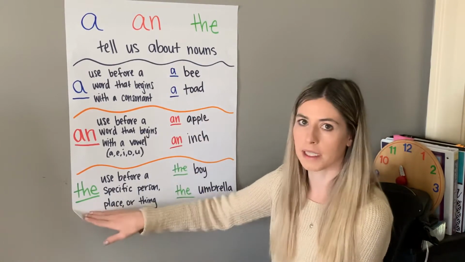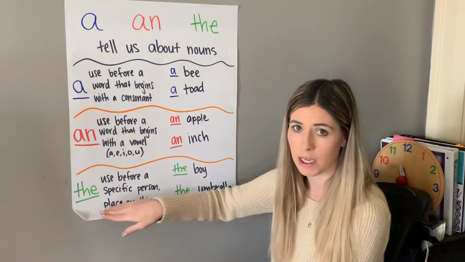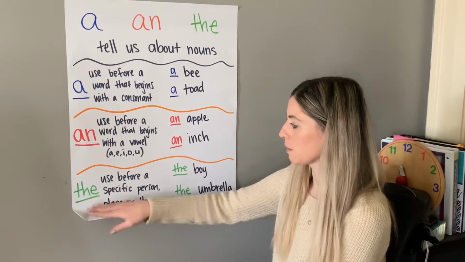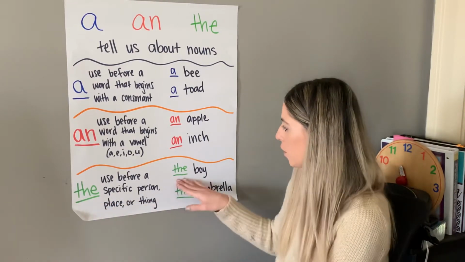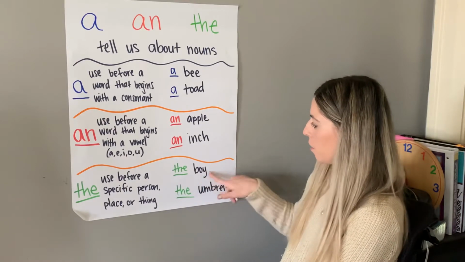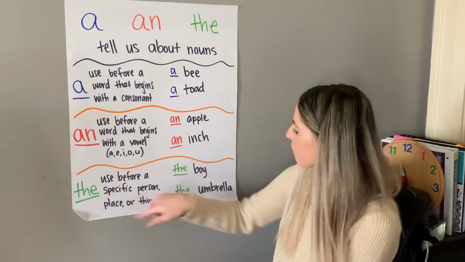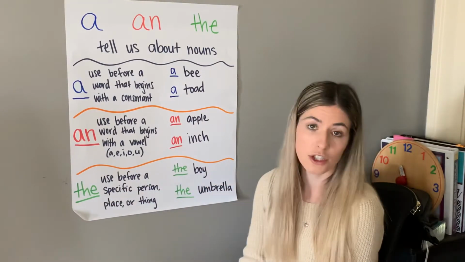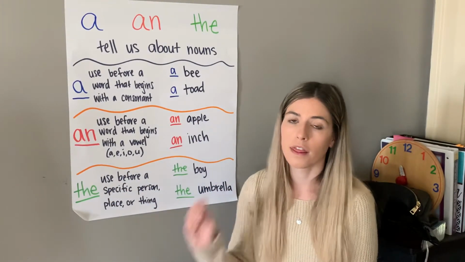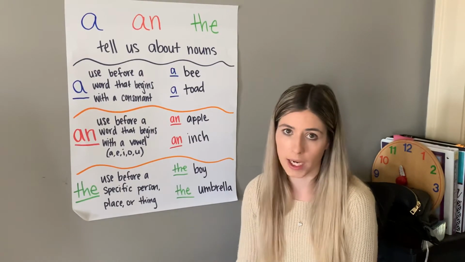The comes in when we're talking about a specific person, place, or thing, specific nouns. So it would be the boy. Boy starts with a consonant, so we can use the, because it doesn't matter when we use the. So the boy. It's not just any boy, the boy that went to the market.